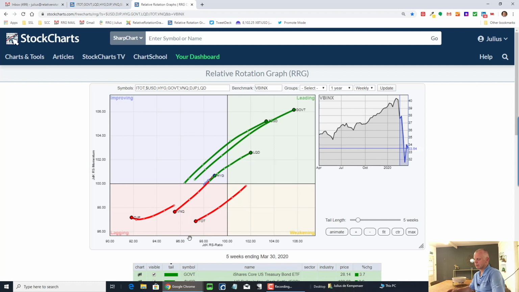Except for commodities, which seems to be leveling off a little bit, real estate and stocks are still moving further into the lagging quadrant. High yield is positioned right here with a very short tail, stable but going in the right direction. So the general message from the asset class RRG is still risk off.